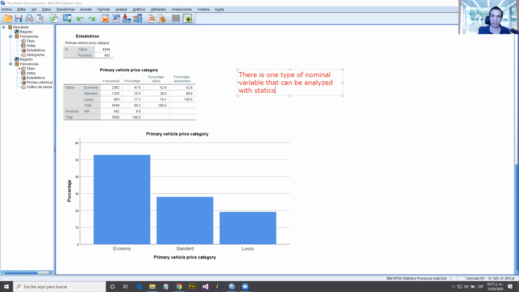Which one is it? Dichotomous. Exactly. That is the one that we use, for example, sometimes for gender, or was it for age? No, not age, because remember that a dichotomous variable is one that only has two options: male and female, yes and no, arrive, not arrive, only two options. Okay. So I would say that statistics, that option, analyze.